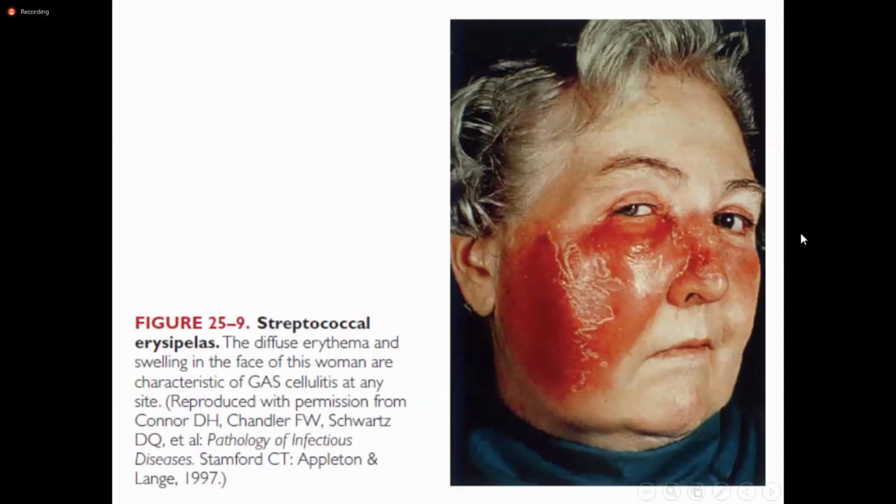This is how erysipelas looks. It is caused by streptococci, group A streptococcus, beta hemolytic. There is diffuse erythema and swelling of the face of this woman, and it is usually caused by group A streptococcus, which is beta hemolytic.